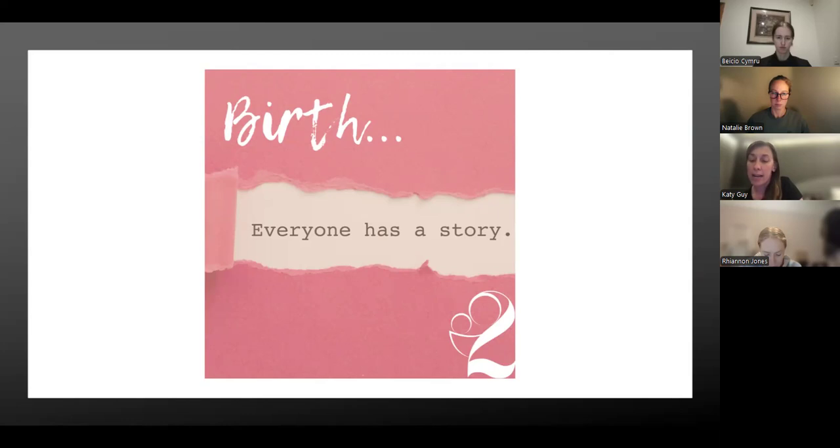Once again, it's a bit like Nat said with the menopause, not putting too much in the way of expectation on yourself, but remembering that adaptability is the way forward.